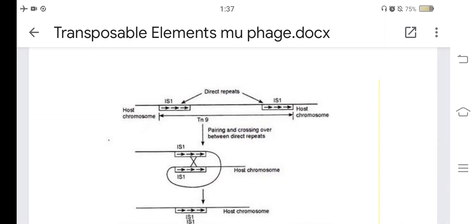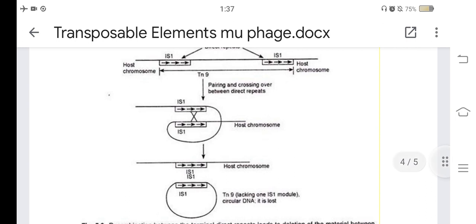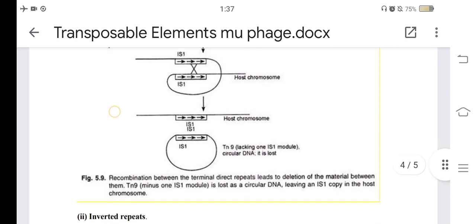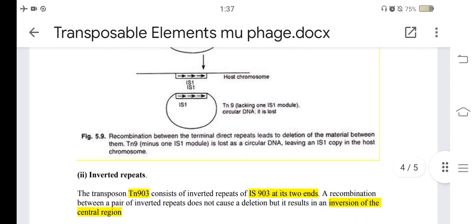Host chromosome, IS1, direct repeats, IS1, host chromosome; pairing and crossing over between direct repeats; Tn9 lacking one IS1 module as circular DNA, which is lost. Recombination between the terminal direct repeats leads to deletion of the material between them. So the Tn9 minus one IS1 module is lost as circular DNA, leaving an IS1 copy in the host chromosome.